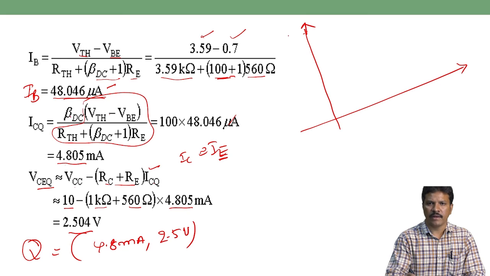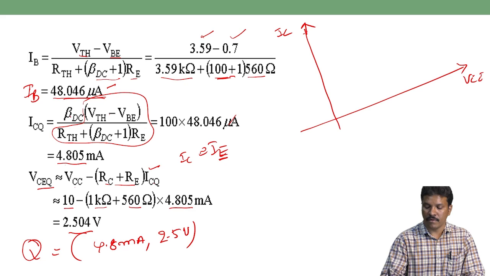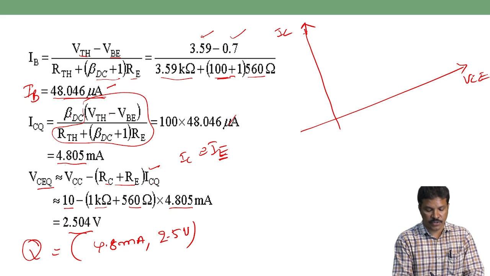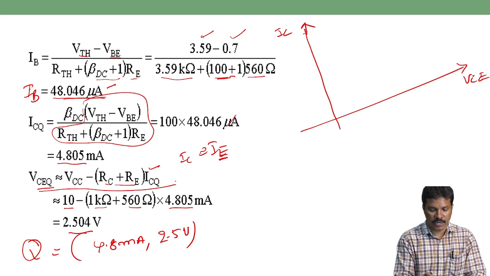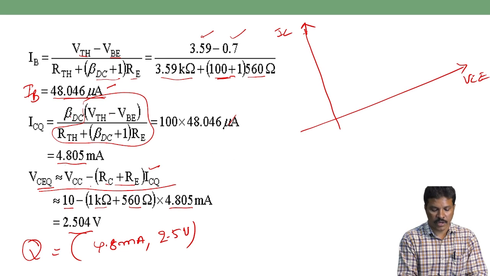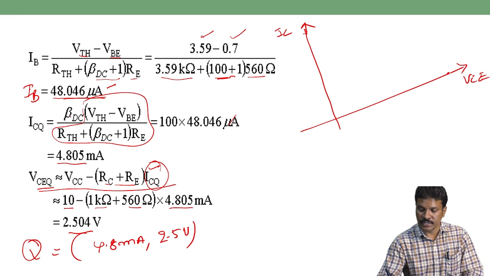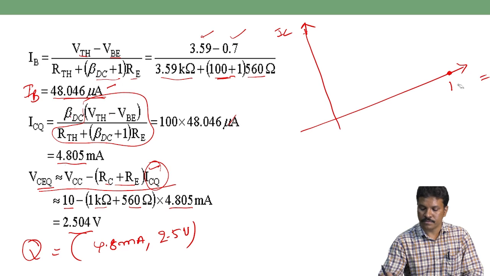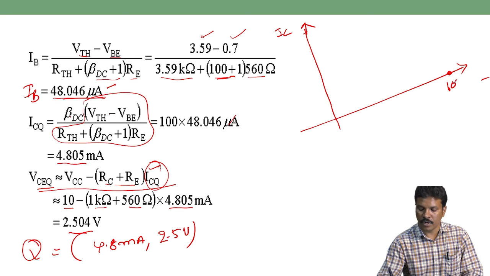The load line is the IC versus VCE graph. When we substitute in this equation, what is the y-axis variable? IC is 0, for example, so VCE is equal to VCC, which is equal to 10 volts on the VCE axis.